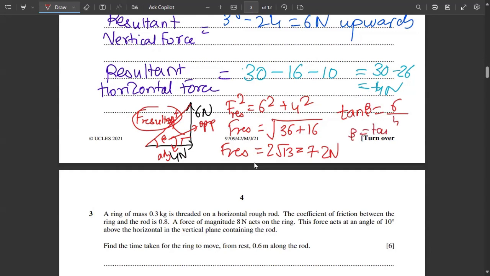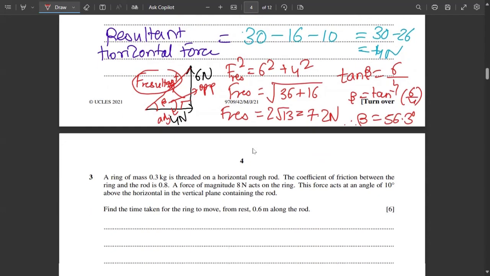Beta is tan inverse of 6 upon 4. If I put this in the calculator, I'll get 56.3 degree. So the angle is 56.3 degree.